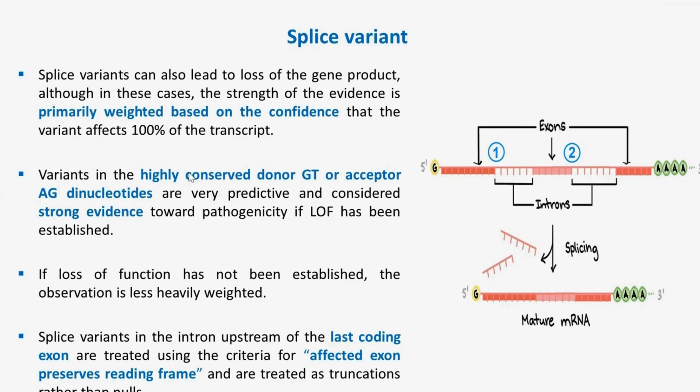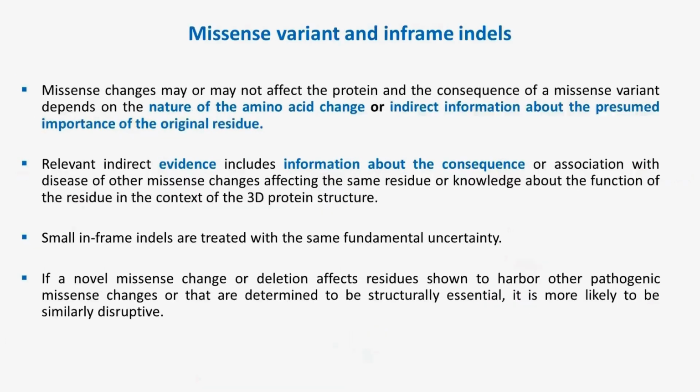And variants in the highly conserved donor GT or acceptor AG nucleotides are very predictive and considered strong evidence toward pathogenicity if the loss of function mechanism has been established. And splice variants in the intron upstream of the last coding exon are treated using the criteria for affected exon, which preserves reading frame and are treated as truncations.